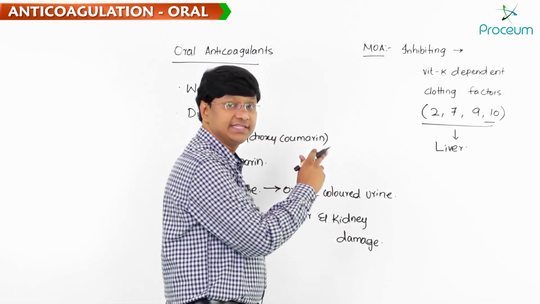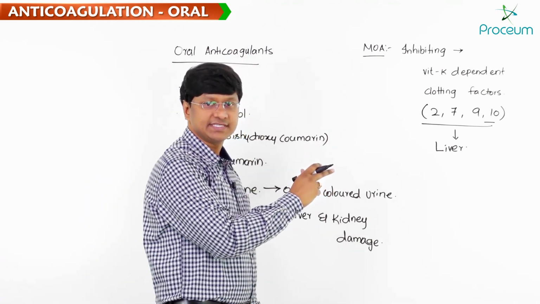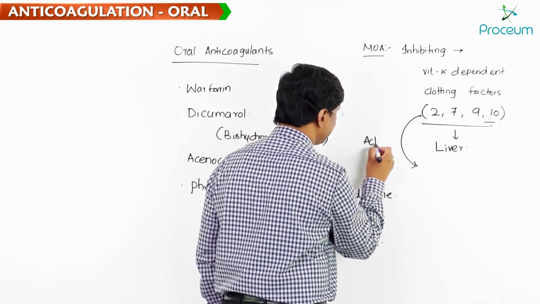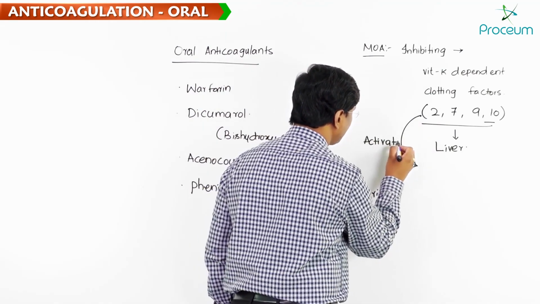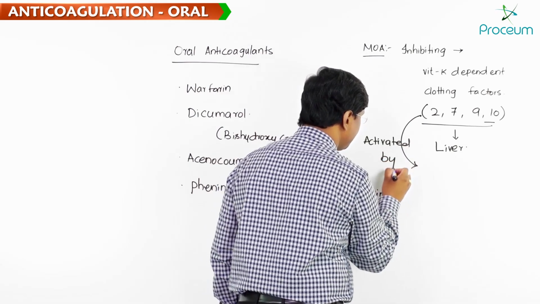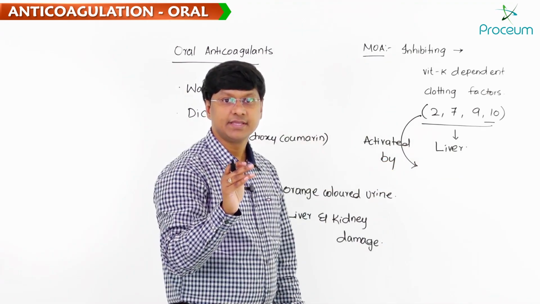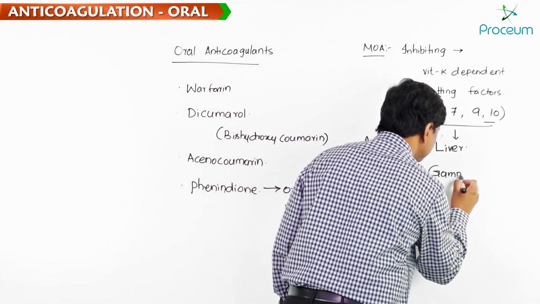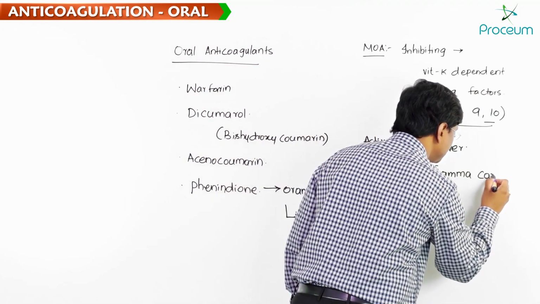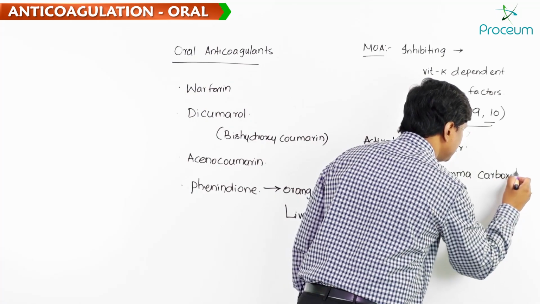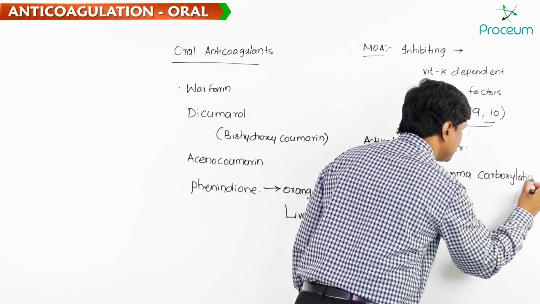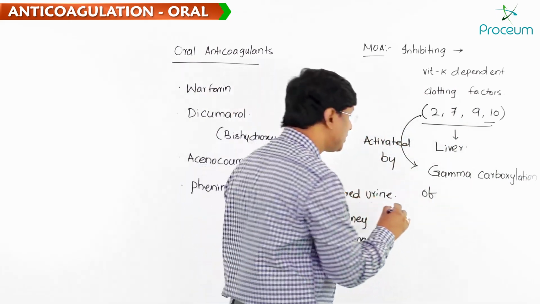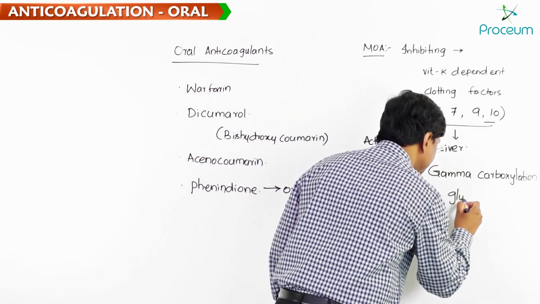So these factors are synthesized in the liver, but they are activated by gamma carboxylation of glutamate residues.